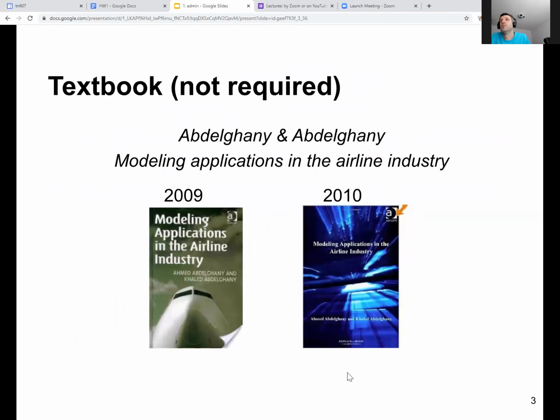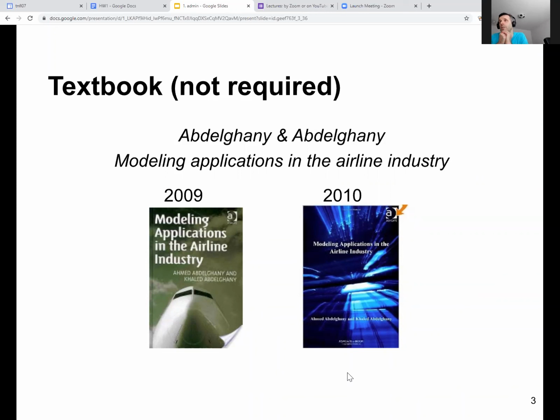The textbook is not required, but there is nothing wrong with the textbook in general. I will show a couple of slides later where I see a few things which are not ideal with the book, but still, you can learn just by reading the book. That's fine. I only have the 2009 edition of the book.